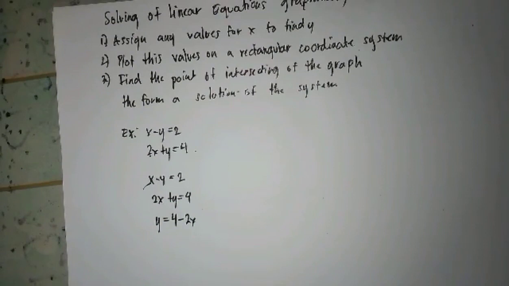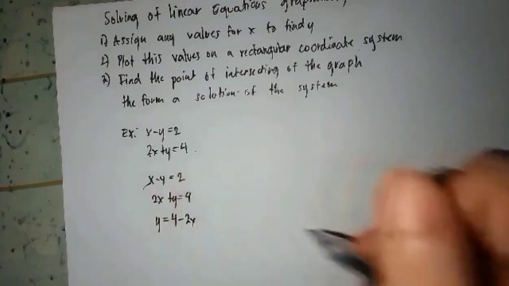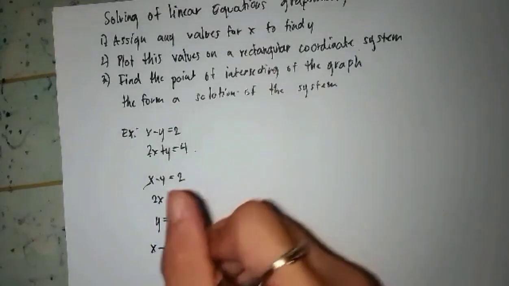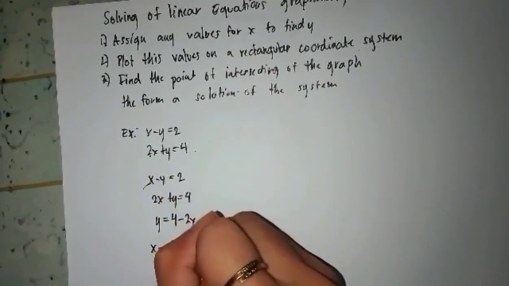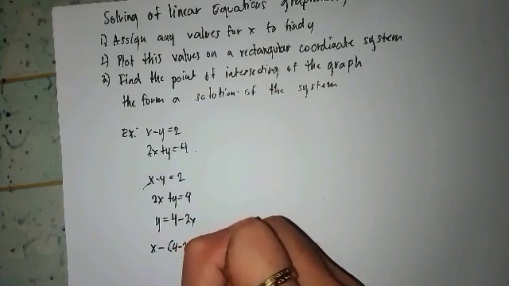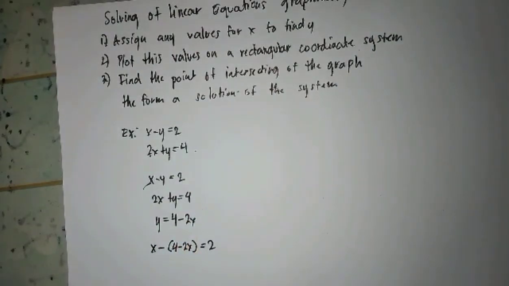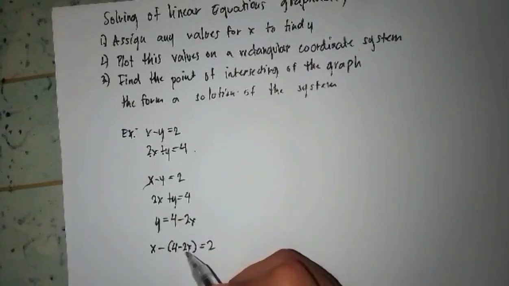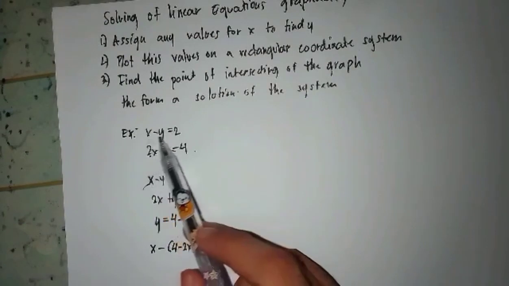And then substitute the given value of y into the equation. So mahimo ni siyang x minus y, and then sa pag-substitute nito sa y diri sa kaning first equation.